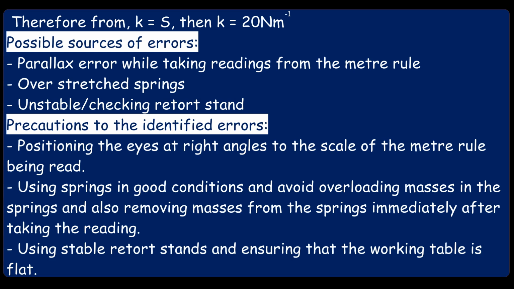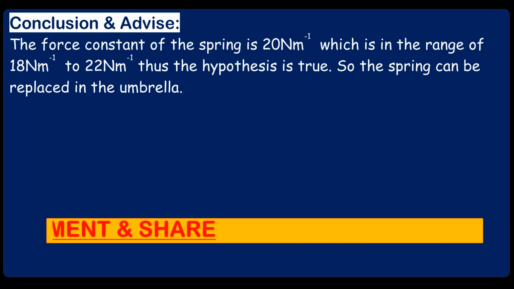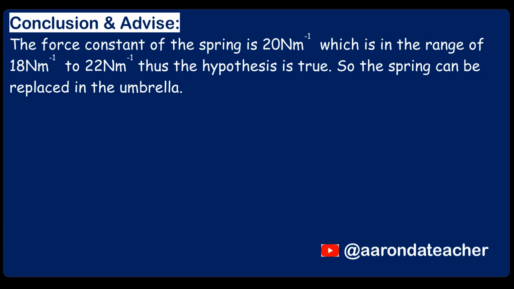Then we shall move on. Now we come to the conclusion. The conclusion will relate to the hypothesis. It is the hypothesis that gives us our conclusion. And how do we conclude?